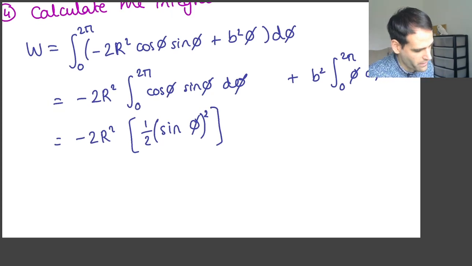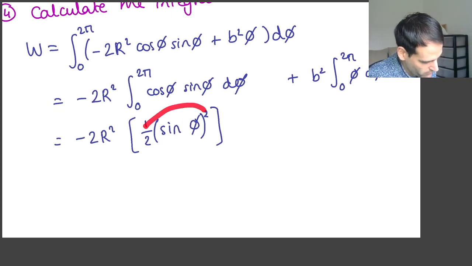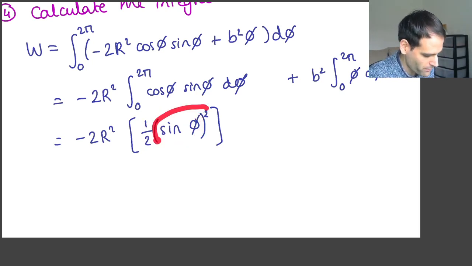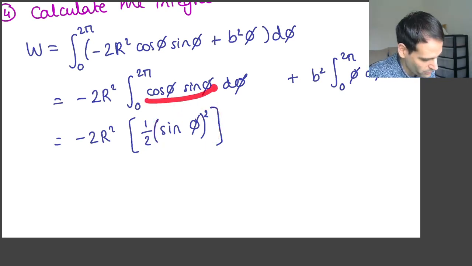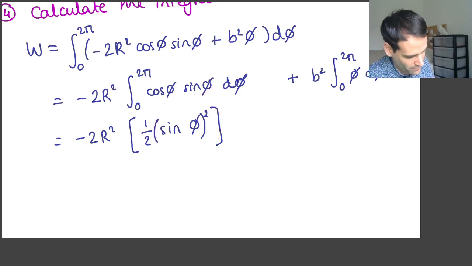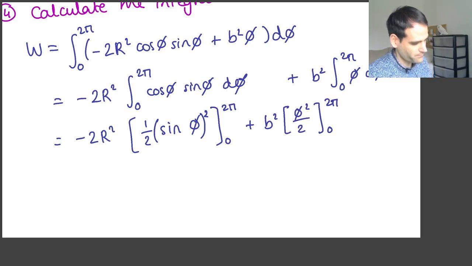Yeah. So when you do the derivative of a parenthesis to the power 2, you bring the 2 down, then you multiply by the derivative of the parenthesis, and then you multiply by the parenthesis but subtracting 1 to the exponent. Okay, so you end up with cosine times sine, evaluated between 0 and 2 pi. And then plus b squared times phi squared over 2, evaluated between 0 and 2 pi.